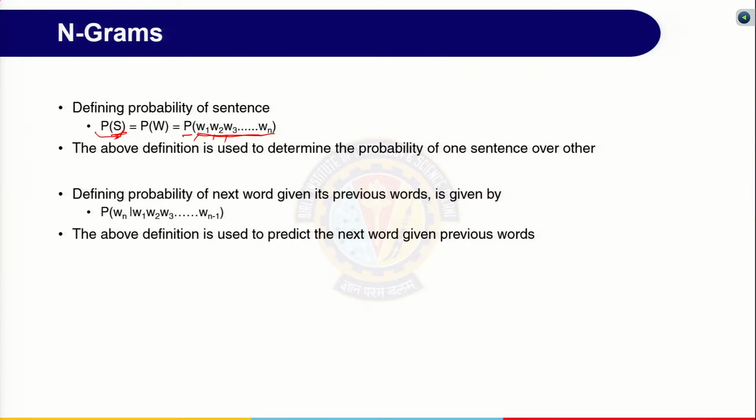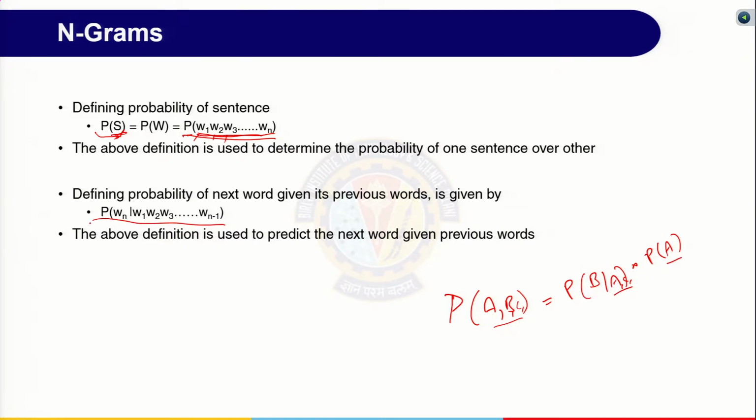This is my task. From probability theory, I can calculate this joint probability. Let's say I have two variables A and B. The joint probability is the probability of B given A times the probability of A. If I have multiple of them, I can keep on repeating this step.